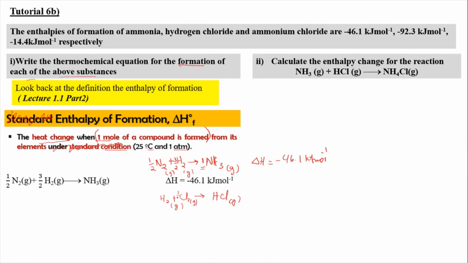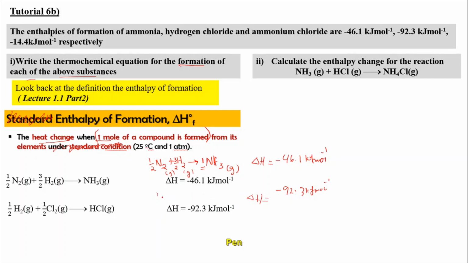So we need to do 1/2 here and also 1/2 here so that we can get 1 hydrogen, 1 chlorine in order to produce 1 hydrogen, 1 chloride, which is hydrogen chloride in the product side. And we also need to write the enthalpy value here, which is negative 92.3 kilojoule per mole. Alright, so this one I write it nicely here.